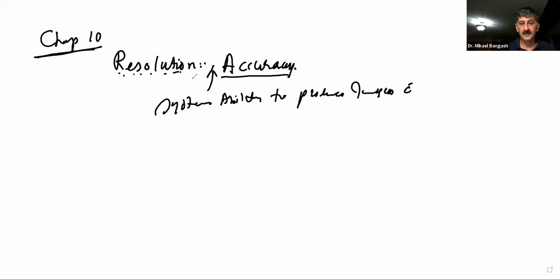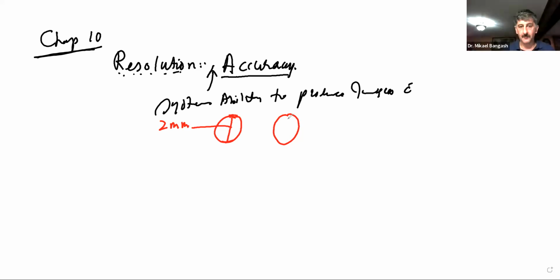So if, for instance, you are scanning a structure that is round, and you see that structure on your image, which is round as well. Not just round, but the size is also accurate. Let's say the physical structure measures 2 millimeters, and what you see on your image also measures 2 millimeters.